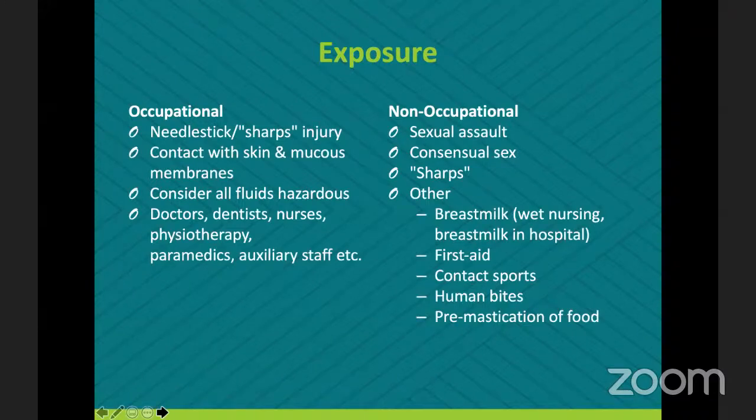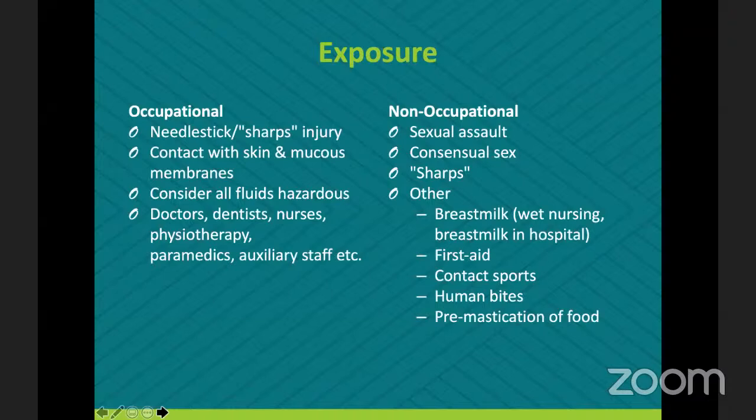Non-occupational, some people have the idea that post-exposure prophylaxis is only for healthcare workers and people that have been sexually assaulted. That's not true. People who have engaged in consensual intercourse and found out later that the source person may be positive.